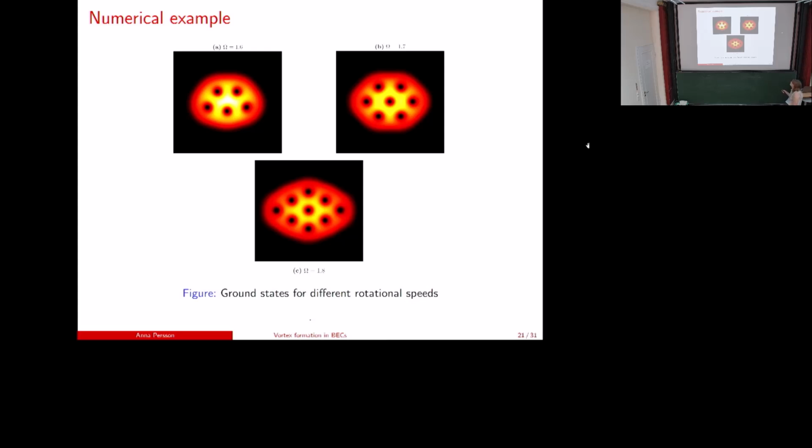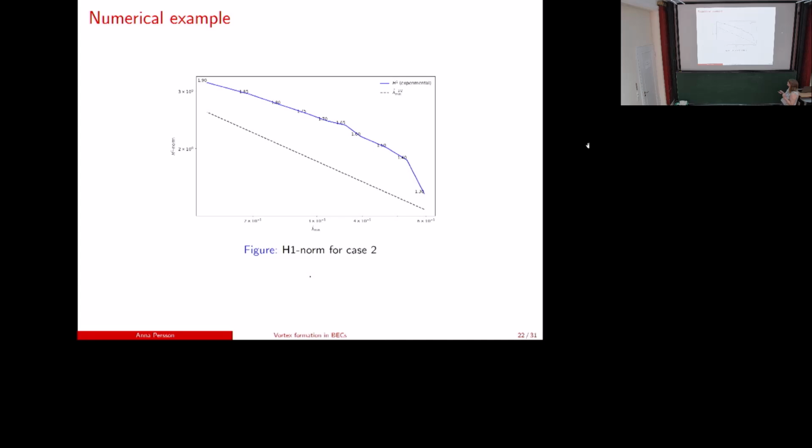So this is what the anisotropic case looks like for different rotational speeds. This is for 1.6, 1.7, and 1.8, the rotational speed. You can see that it's sort of pushed a little bit in the y direction. So this is easier to compare solutions in.